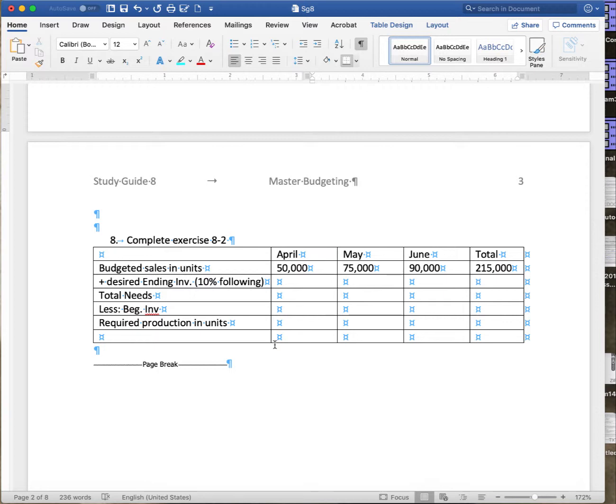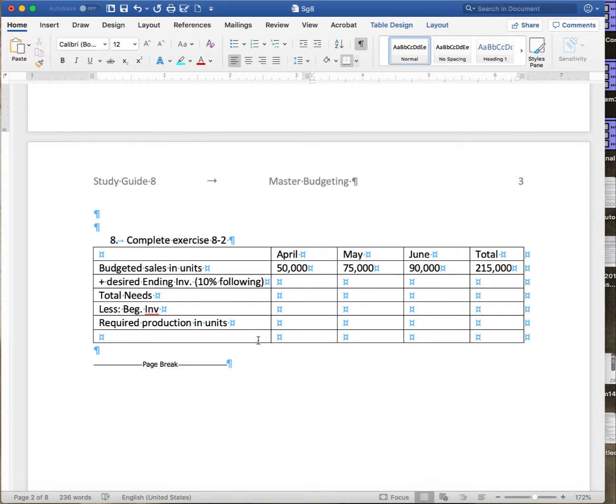So when we start May, we already have some finished goods ready to go. The problem tells us that the month end inventory levels have to equal 10% of the following month's unit sales. Okay. And they tell us that the inventory at the end of March is 5,000 units.